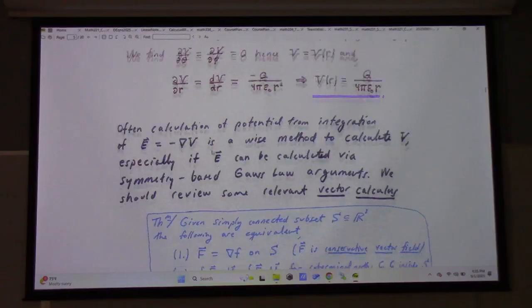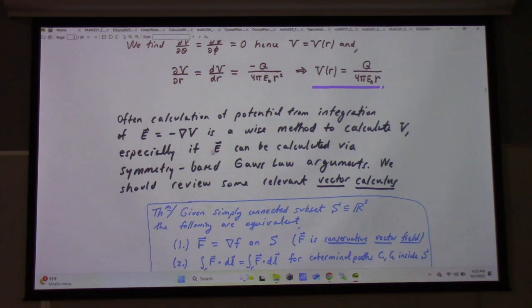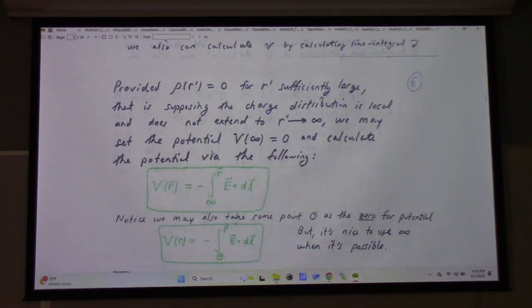Now, as I say, calculating potential by integrating E, using E equals minus the gradient of V, is a wise method to calculate the potential, especially if we can calculate E from symmetry-based Gauss's law arguments. But we should review. I did this last class, right? We went through all this. This is a rerun.